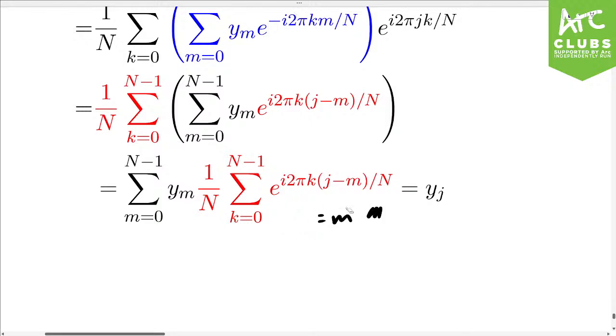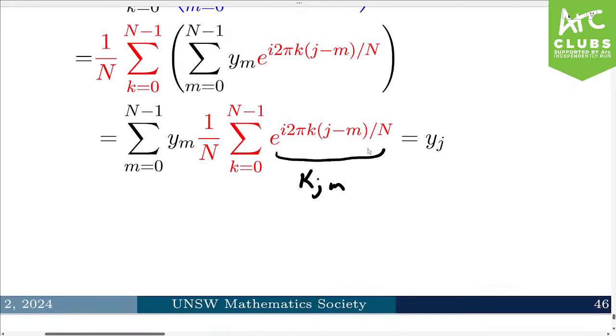So let's call this thing kjm. So if we have j equal to m, then this is equal to 1. But if j is not equal to m, this is equal to 0.